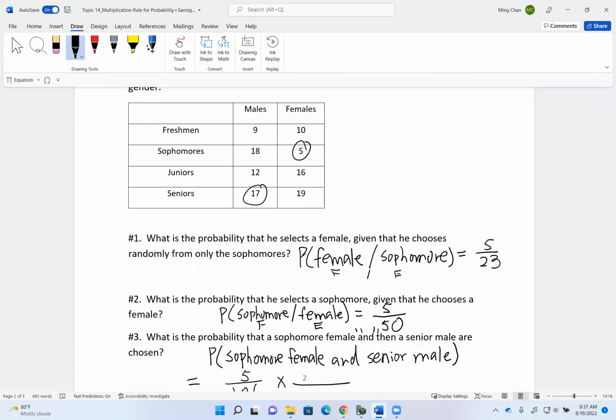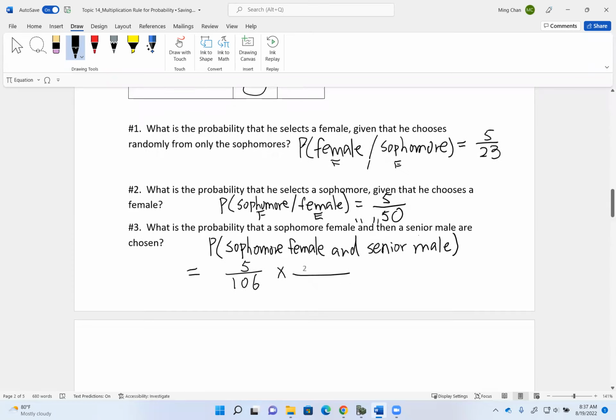By looking at it, senior male and sophomore female are independent from each other. So there are 17 ways to select that senior male. But this is still a conditional probability, because once I select that one sophomore female first, that student is out of that 106. So when I select the senior male as a second event, there are not 106 students left.